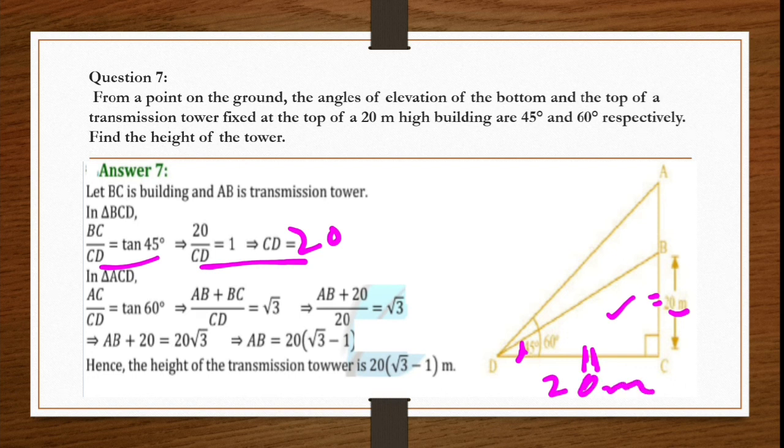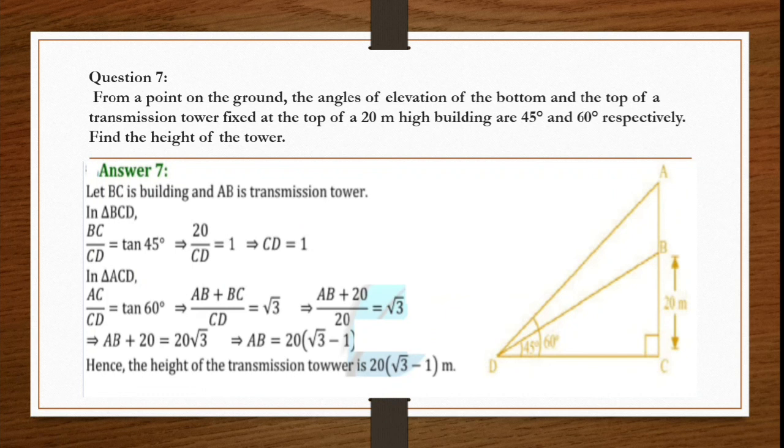Now if you take the bigger triangle, that is triangle ACD, again you can write AC by CD is equal to tan 60 degree, because now the acute angle is 60 degree.